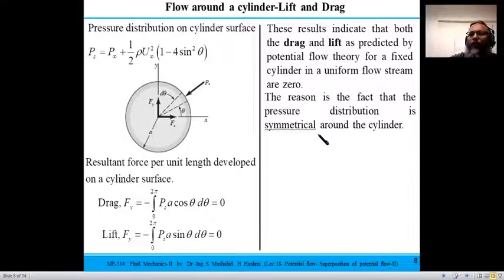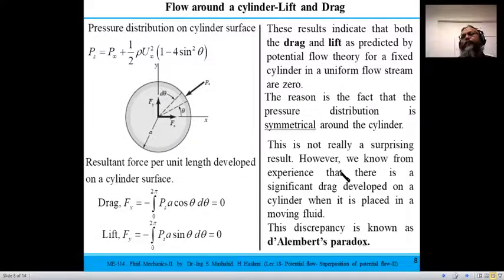When we do the external flow, we will learn that the drag has two components. One is due to the pressure distribution, and the other is due to the viscous effect. Since in potential flow theory there are no viscous effects, only the pressure distribution is there, but the pressure distribution is such that it is balancing out, so the net force comes out to be 0.